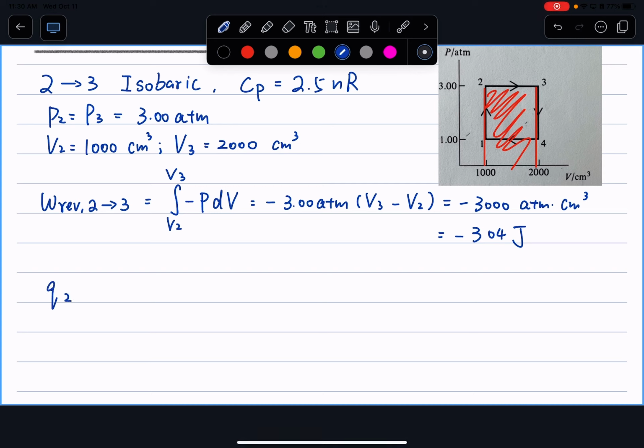And then let's look at the heat. So Q, 2 to 3. And that's, again, your heat is by definition given here. Right, so we'll find the QP, which is Cp dT, taking the integral on both ends. We have T2 to T3, Cp dT. Now Cp equals 2.5 nR. Change of temperature is T3 minus T2.